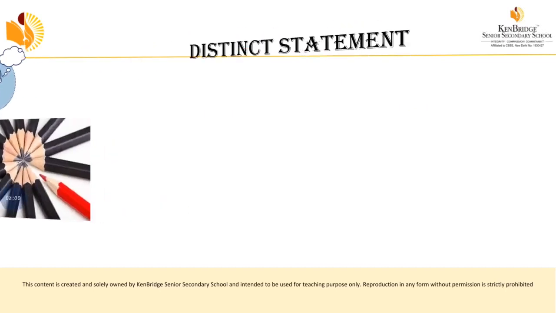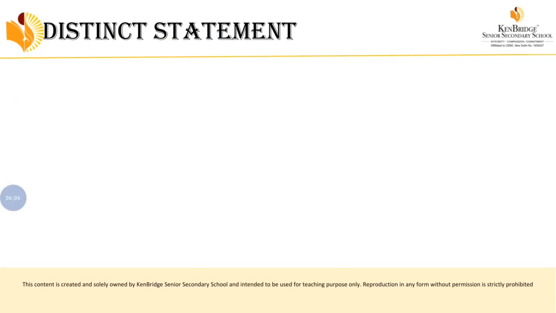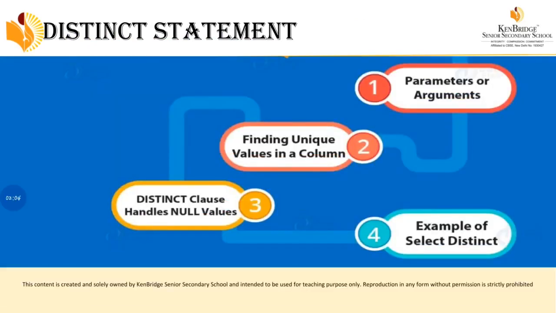So let's see the syntax and the example of this distinct statement. The distinct statement takes parameters or arguments. Parameter is nothing but whatever you have mentioned within the brackets. So the parameters or arguments will be considered distinct, and it is used to find the unique values.